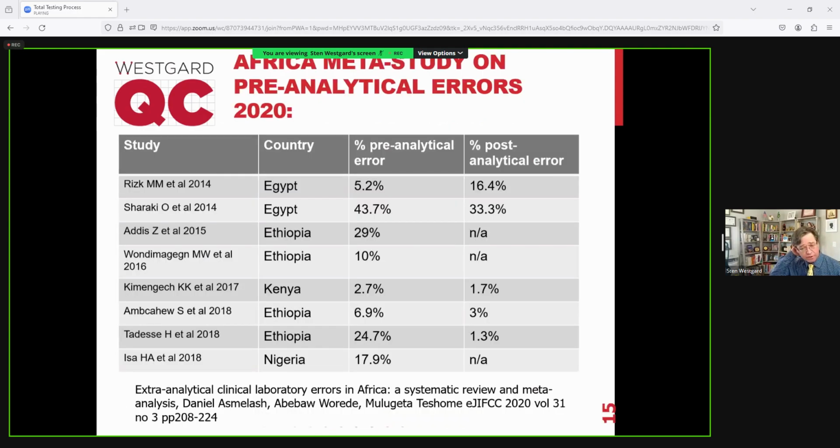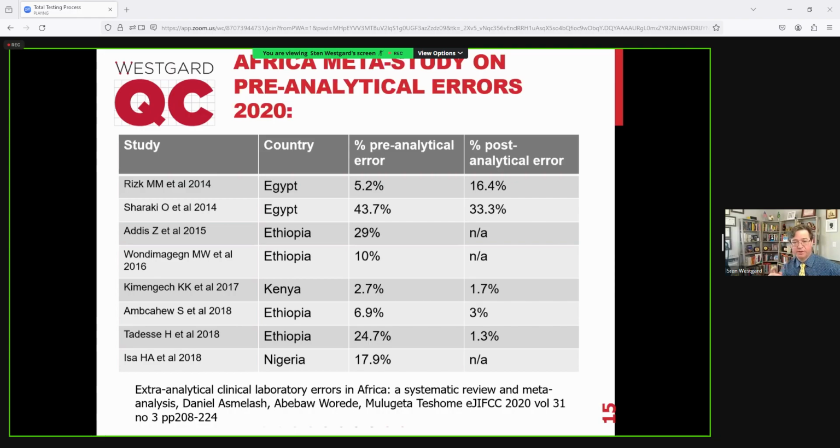Now, in another more recent study, it was a meta study looking at different error rates across Africa. And I want to point out the variability that we see from study to study, or you could say from country to country. So two studies from Egypt, one saying only 5% pre-analytical error, the other saying 43% pre-analytical error.